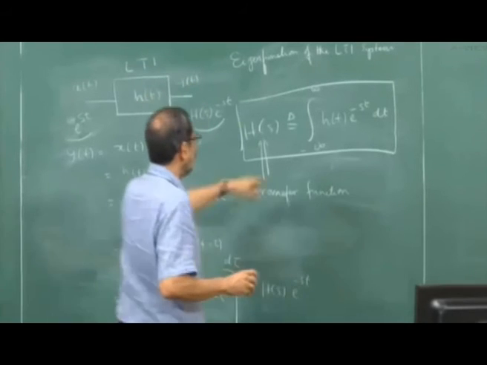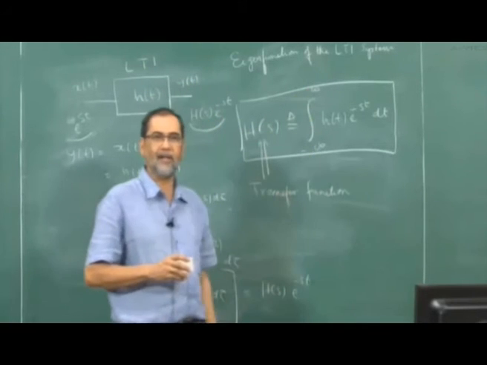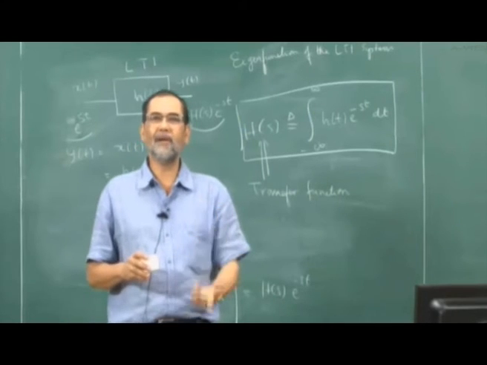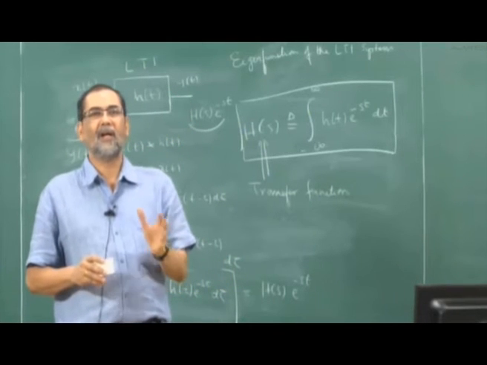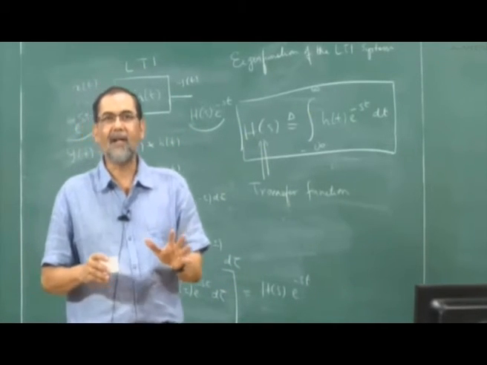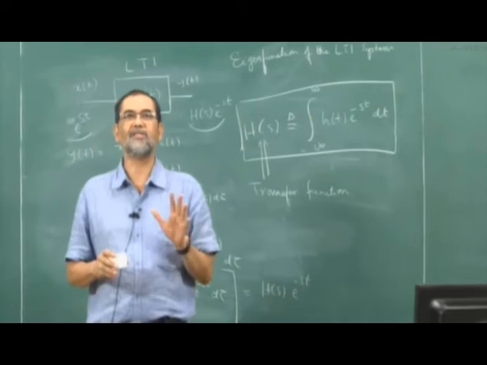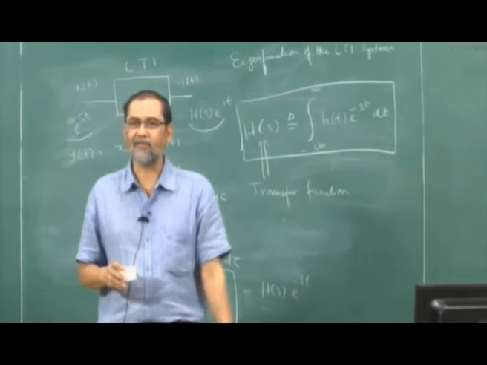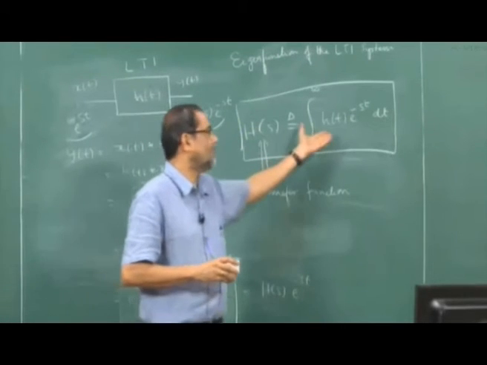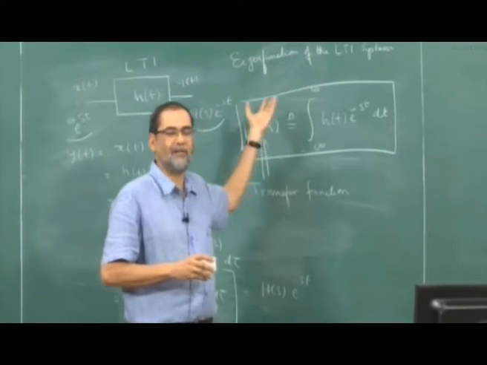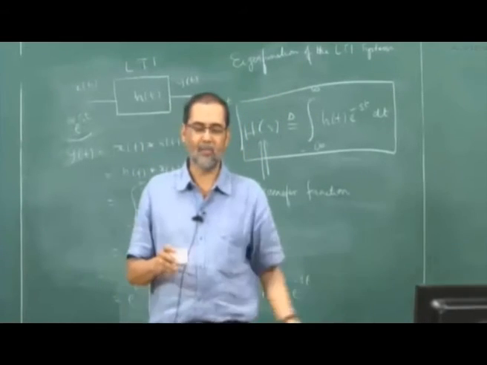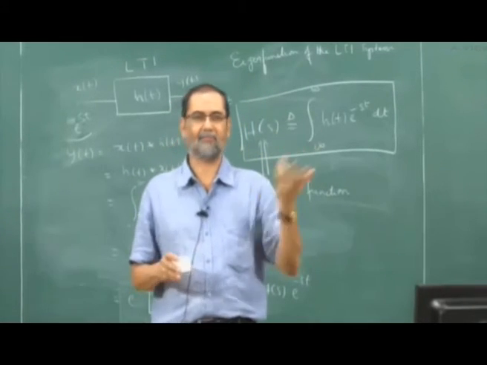Remember, the limits of integration are minus to plus infinity, and I said on the very first day, when the limits are from minus to plus infinity, please take a step backwards and see if that integration is defined. If it is defined, you can put any function here for which that integration is defined. So I can have H of S, X of S, Y of S, Z of S, whatever, doesn't matter.